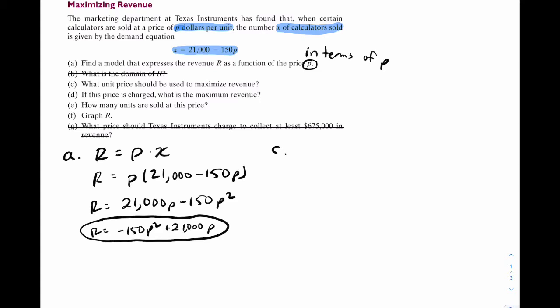So this is a really important keyword, maximize. If you ever see this word, maximize or even minimize, that's going to be a huge indicator that we need the vertex. And from our last class, we learned that the vertex formula is negative b over 2a, and that tells you the x value of the vertex.